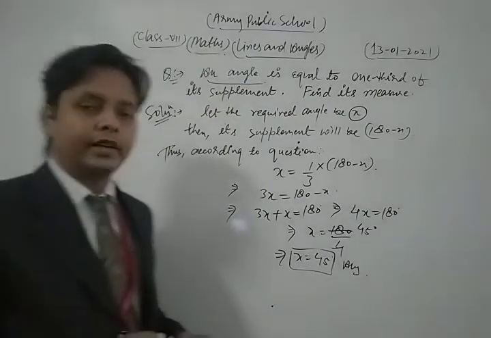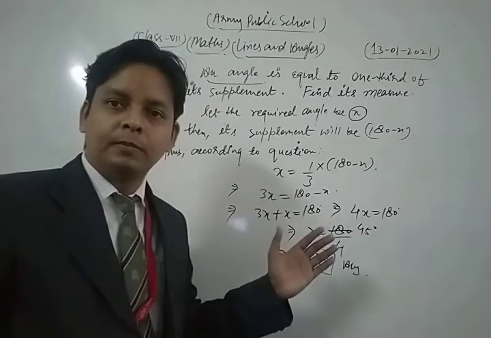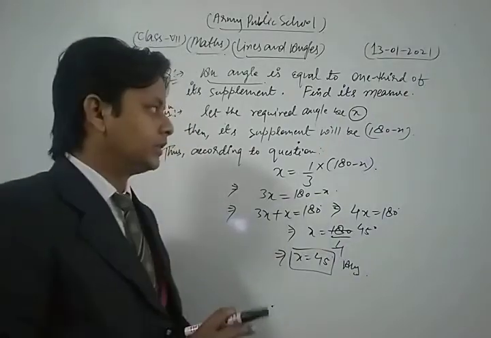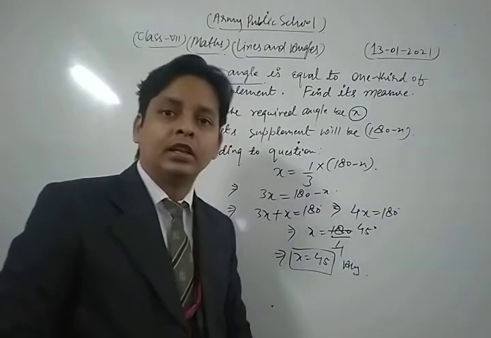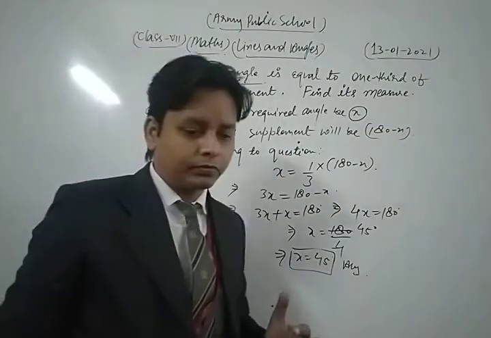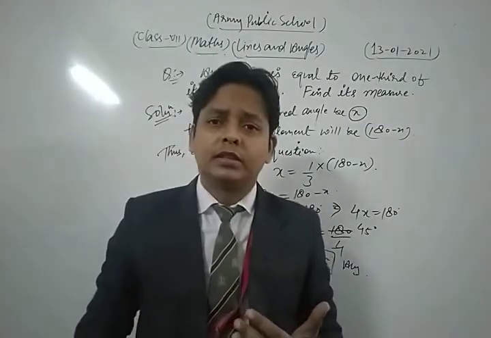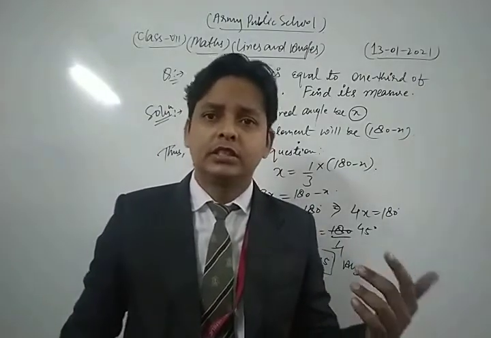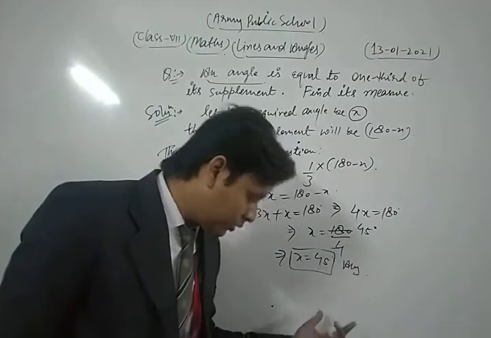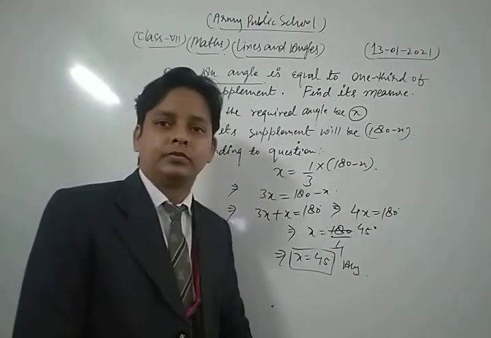Thus, dear students, according to the given question, first of all we take the angle as x. After that its supplement will be 180 minus x. Then we apply the condition that the angle is equal to 1/3 of its supplement. We apply that condition and simplify, and hence we get our required answer.